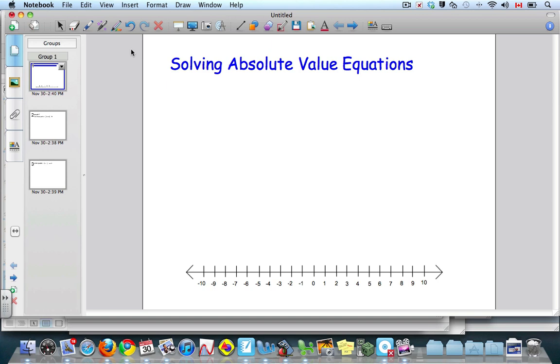So if I have a scenario where I have the absolute value of y equals 4, this inside here means the distance away from 0 is 4. Well, here's 0 down here.